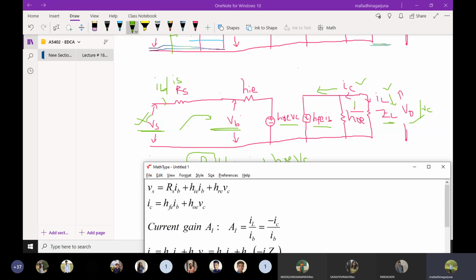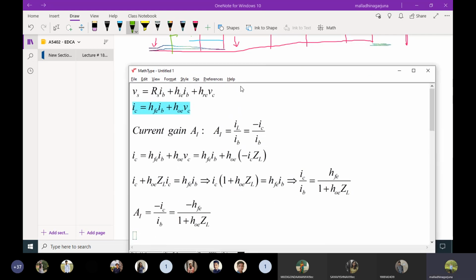That one product will be added, and the remaining equation will be the same. Coming to the output equation, the source resistance is added to the input side, not the output, so the output equation will be the same. There is no extra component in the output. Only the input equation will be a little bit different. So this way we can solve it.